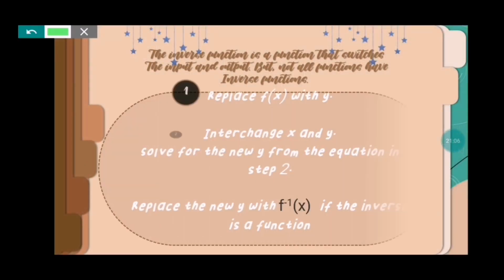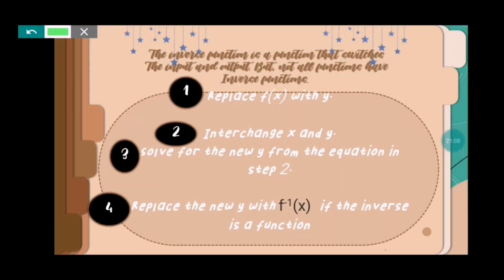Now, the inverse function is a function that switches the input and output, but not all functions have an inverse function. Remember that one. Now, let me show you the 4 steps on how to get the inverse function. First, replace f of x with y.